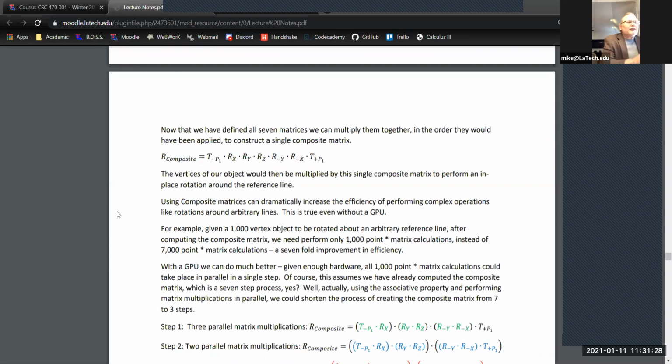Now, you might say, well, that's great, but I still have to pay a little bit of a cost, don't I? It's going to take me 7 steps to compute my composite matrix. So, even if I had infinite hardware, isn't it going to take me at least 8 steps, 7 steps to build the composite matrix, and then 1 step to multiply the points times that composite matrix?